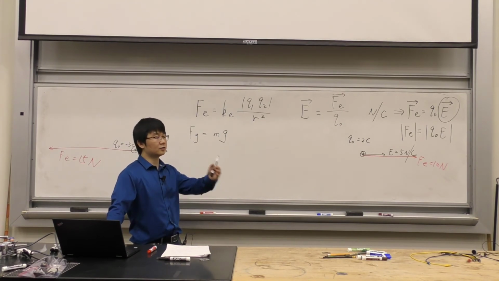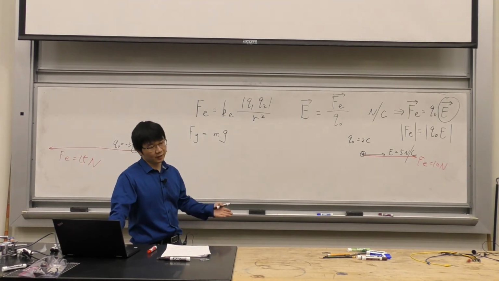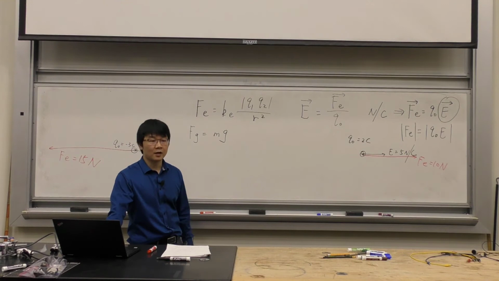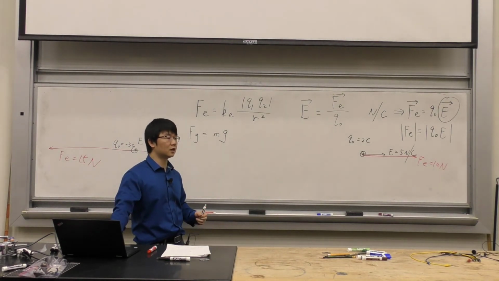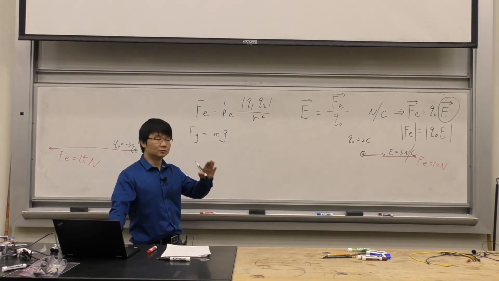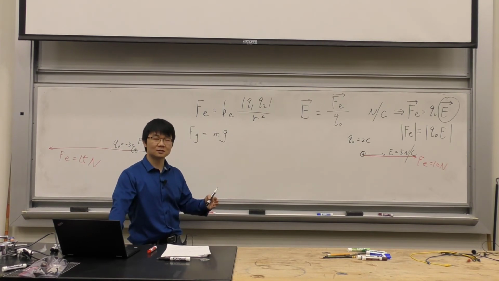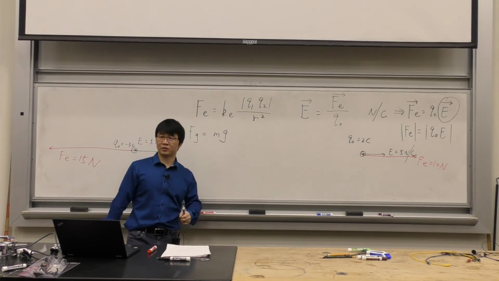I would ask you another question. What if it's a 10 kilogram object? You would say the same thing. 10 times 9.8. Then I would ask you, what about a 15 kilogram object? If you keep asking me, I'm just going to tell you one thing. Whatever the mass is, multiply that by 9.8. That's it.